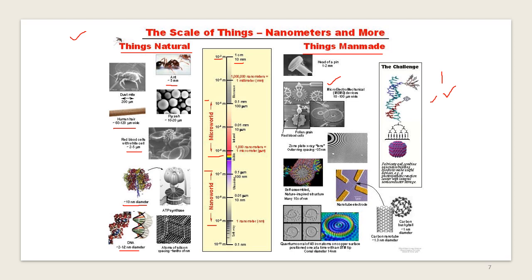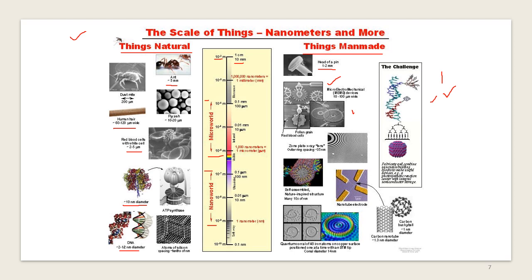Coming to the man-made, the head of a pin is 1 to 2 mm. Then a micro electromechanical device, or MEMS device. Here we can see some gates, some pollen grains with red blood cells next to the grain, or actuators. These are 10 to 100 micrometers wide.